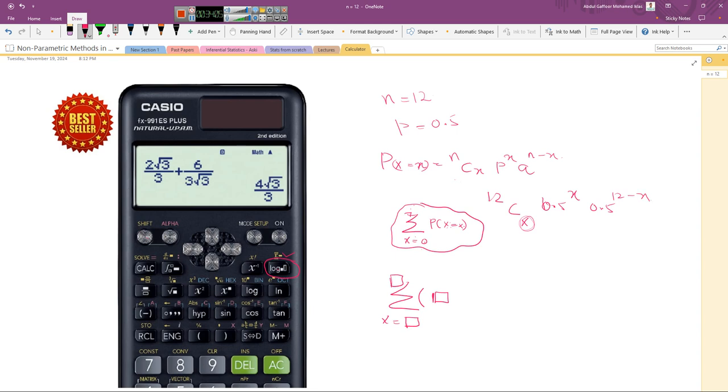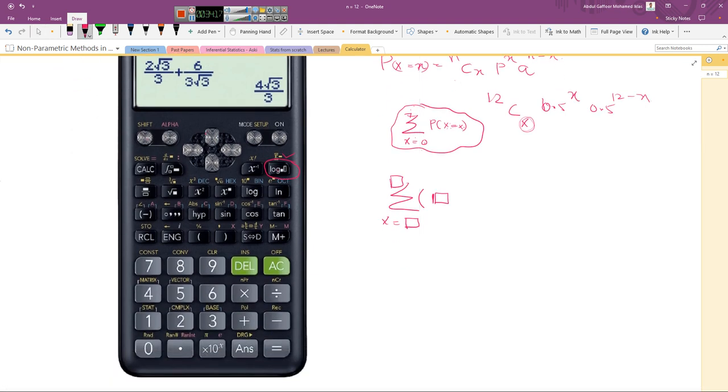So first you can press 1 2, then we have to press combination. You can see here NCR with the division symbol, but here it is in yellow color, so we are supposed to press this division button along with the shift button, shift plus this, shift C, and then x.